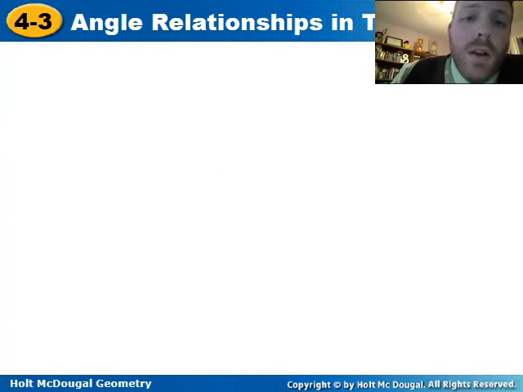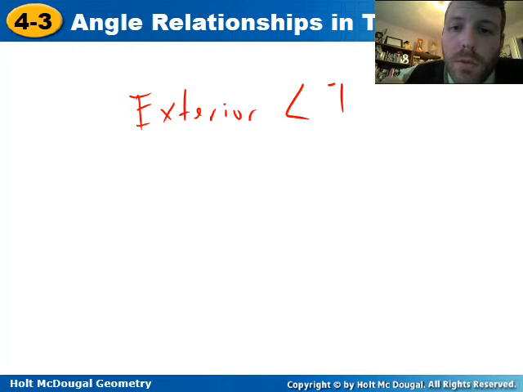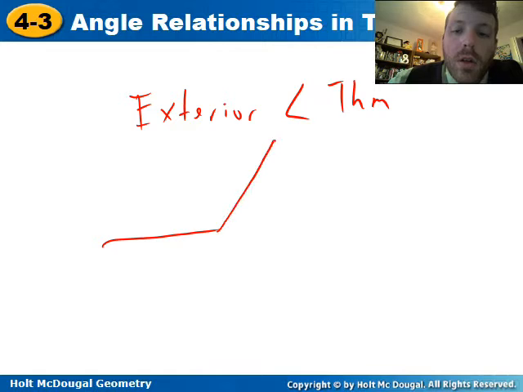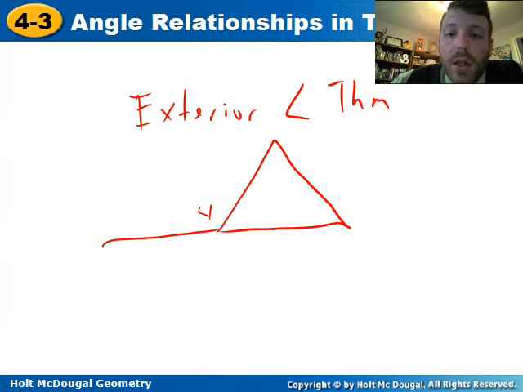Okay, so the exterior angle theorem is when I have any exterior angle coming from a triangle. We can call it 4 again, that'd be fine. Let's make this 3, 2, and 1.